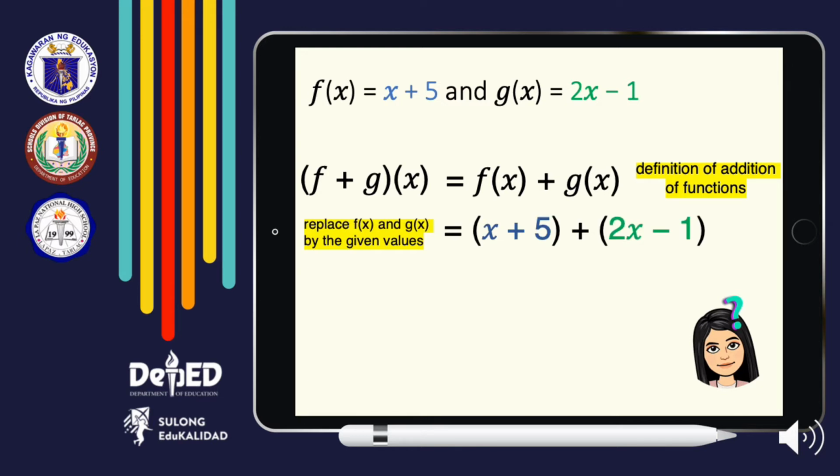So our f(x) is x + 5 plus our g(x) is 2x - 1. Next, let us combine like terms. So x + 2x is 3x. Positive 5 plus negative 1 is positive 4. Therefore, our final answer is 3x + 4.